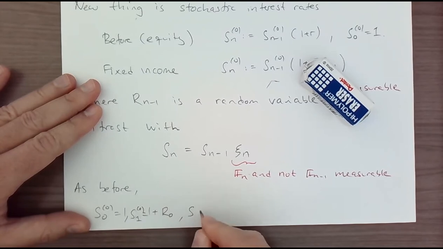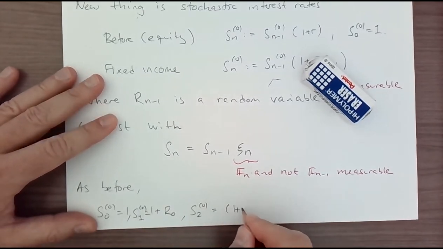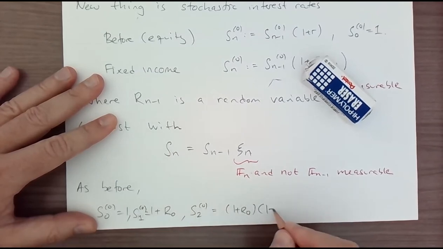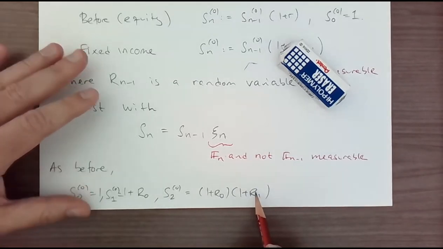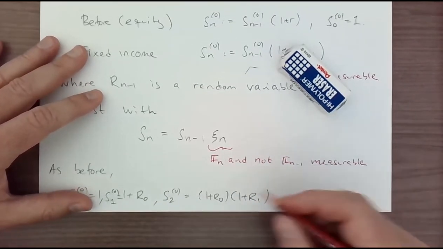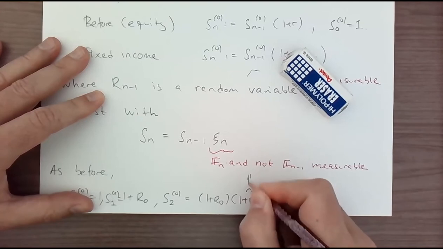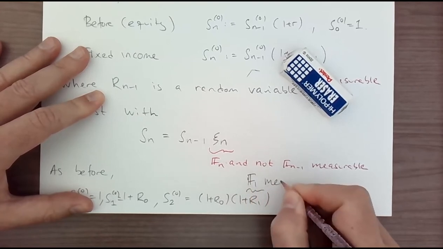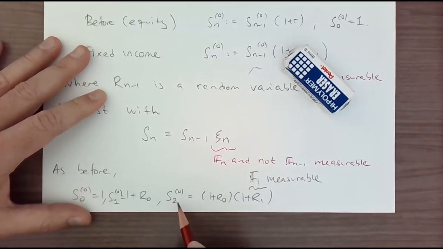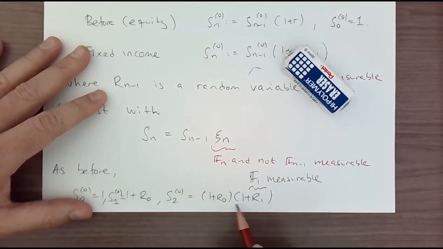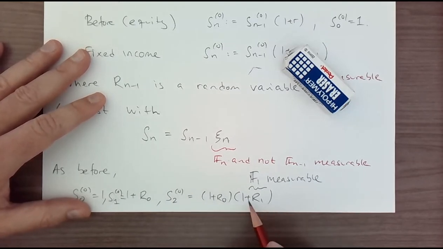Then the value of the bank at time 2 becomes the 1 plus R0, and then the next one. So you can see it's only S2 here that's going to be random. This one here is F1 measurable. So the bank account's value at time 2 depends upon the interest rate over the first period and over the second period, but it does not depend on the interest rate over the third period.